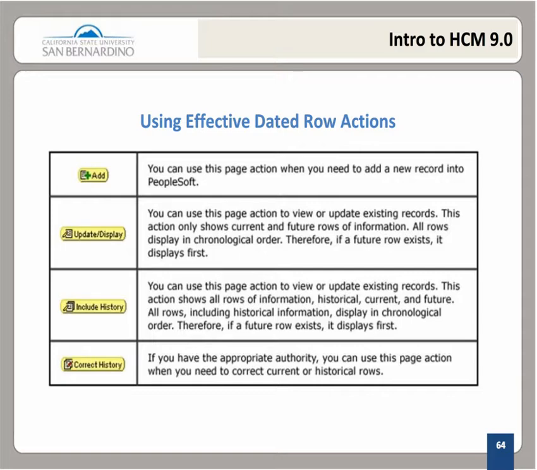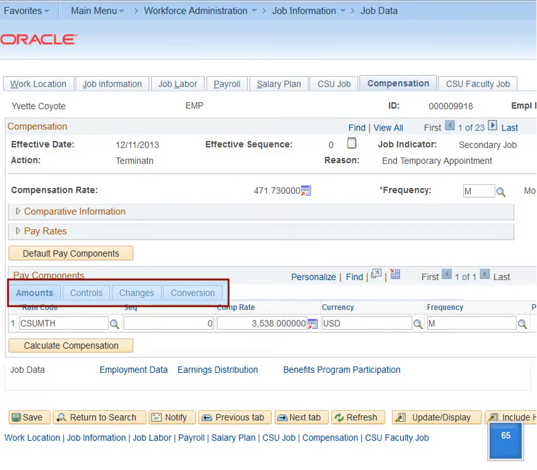All rows, including historical information, display in chronological order. Therefore, if a future row exists, it displays first. Correct History: if you have the appropriate authority, you can use this page action when you need to correct current or historical rows.